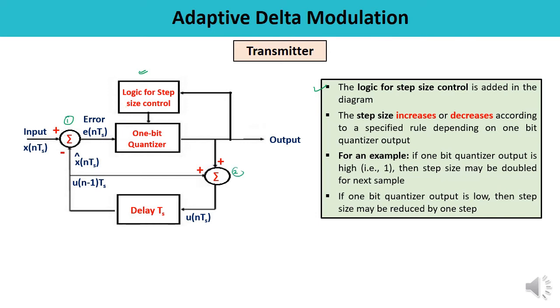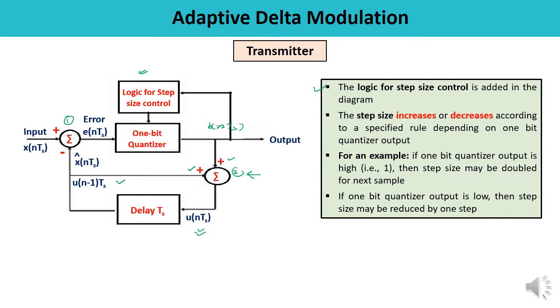What happens over here? The summer number 2, which is a part of the accumulator, adds the quantizer output with the previous sample approximation. The previous sample approximation is this, and the quantizer output can be written as b(nTs). So it is adding these two signals and producing the output u(nTs).